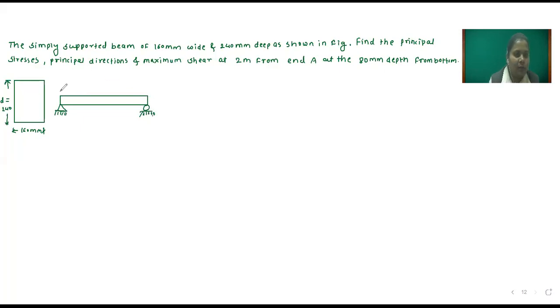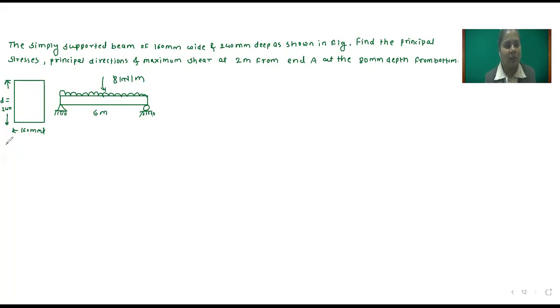On that beam, a uniformly distributed load is applied, and the intensity is 8 kilonewton per meter, and the span is 6 meter. Okay, so this is the beam.